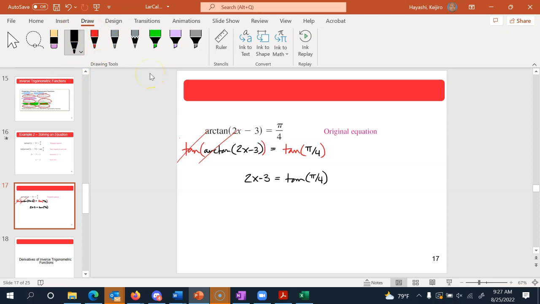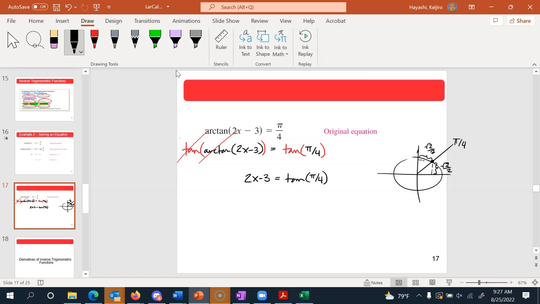Okay, so 2x minus 3 equals the tangent of pi over 4. We can actually evaluate the tangent of pi over 4 right now. Here's the angle pi over 4. That point has a y value of square root of 2 over 2, and an x value of square root of 2 over 2.